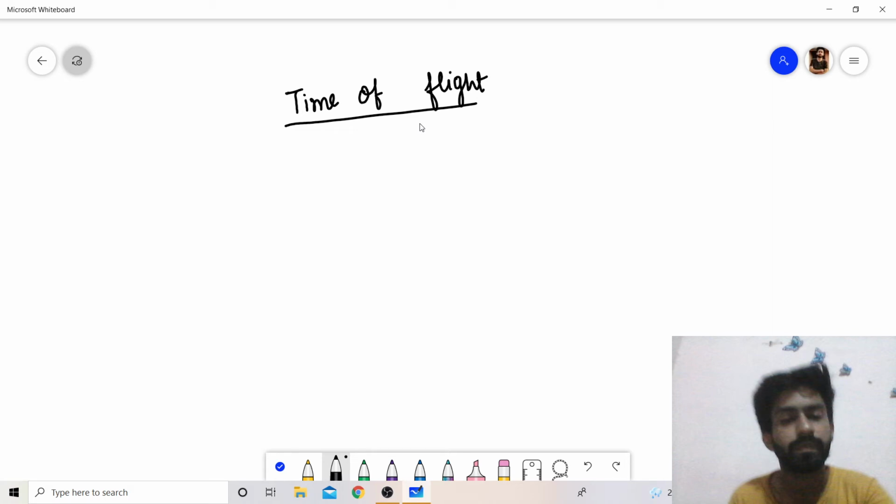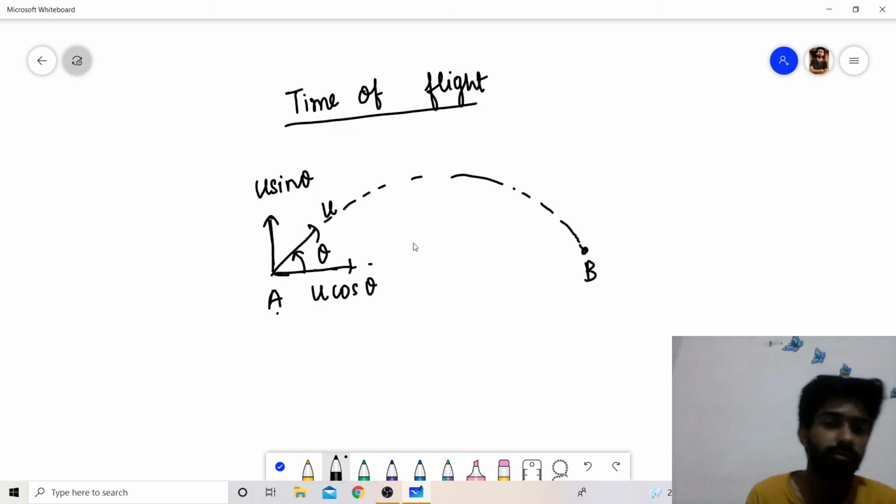The time taken by the body to reach from A to B is called time of flight.